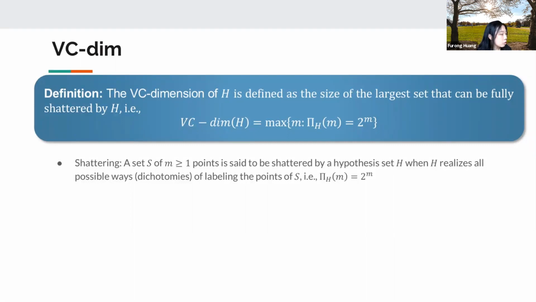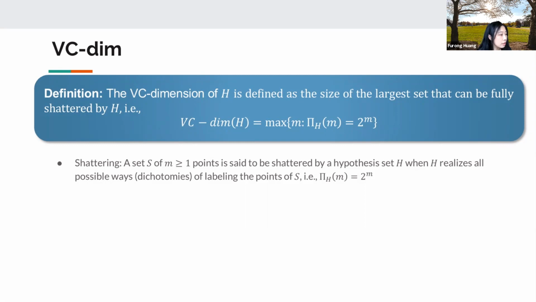Now, the set S is said to be shattered by a hypothesis set H when H realizes all possible ways of labeling the points of S. So basically it means that the Pi H of M is actually 2 to the power M. Remember what is Pi H of M? The growth function, the maximal number of ways the hypothesis can label the points in a set.